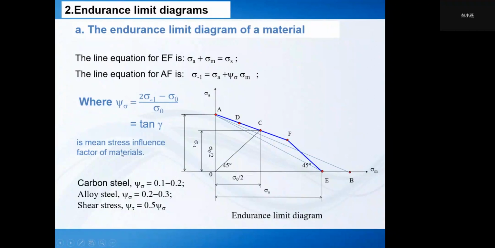It means the mean stress influence factor of the material. For carbon steel, psi sigma is in the range 0.1 to 0.2. For alloy steel, psi sigma is 0.2 to 0.3. And for shear stress, psi tau is half of psi sigma.